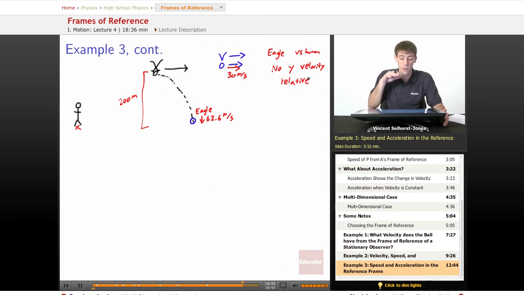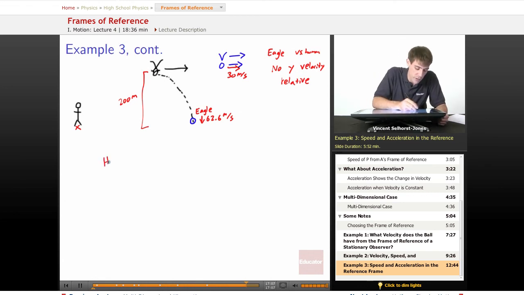So if the eagle is flying along parallel and he drops the rock, then the rock is only going to be accelerated vertically. So the human doesn't see any horizontal change. The horizontal velocity is going to remain the same until something else acts on the rock, which will be the ground. So as long as it hasn't touched the ground, or just as it touches the ground, it's still going to have the same velocity that it initially had.